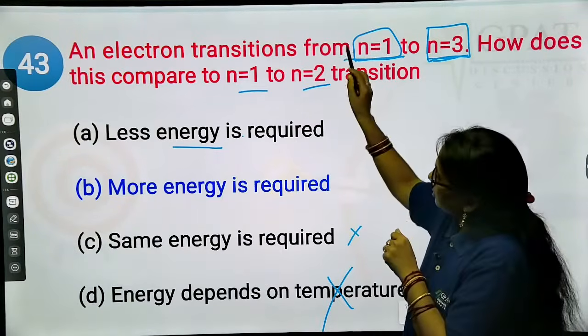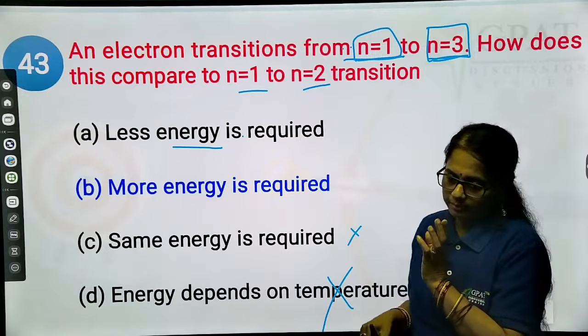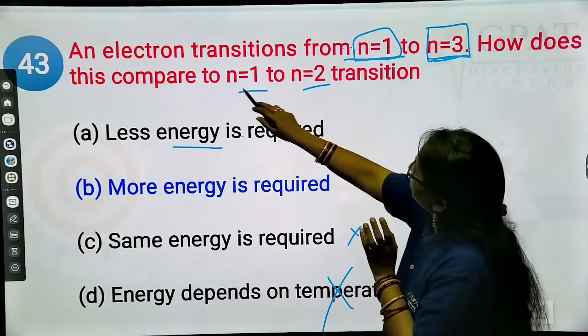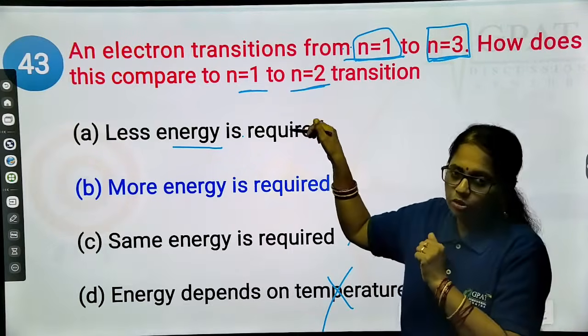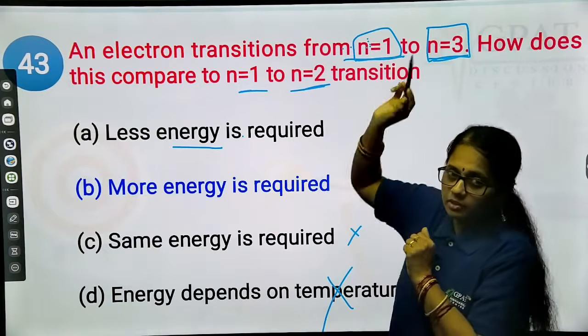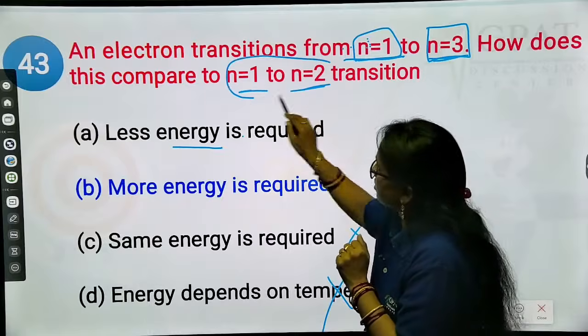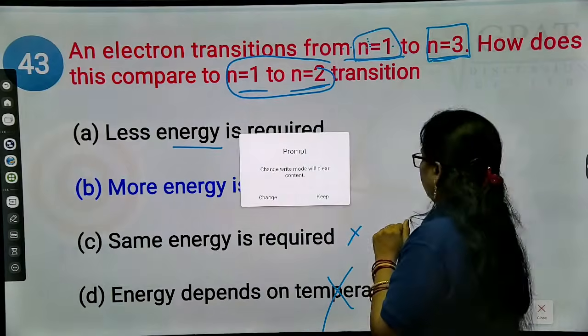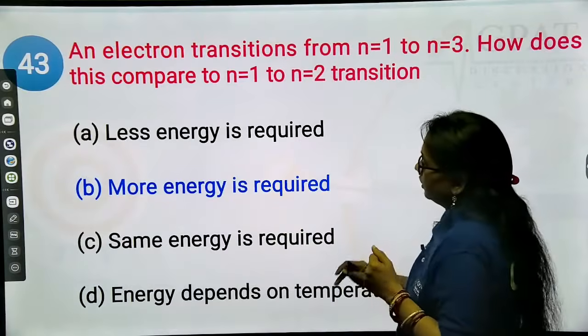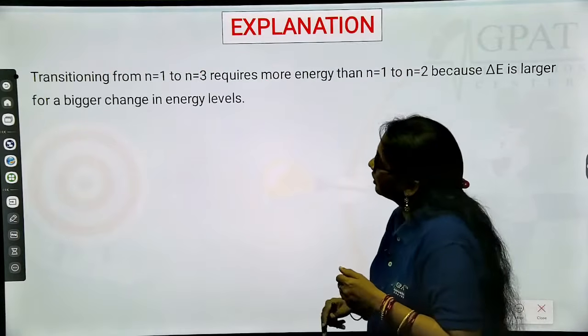So, for this more energy is required. When compared to n equal to 1 to n equal to 2, less energy is required for that transition, not for this. In this way some people have given the wrong answer, very bad for that.